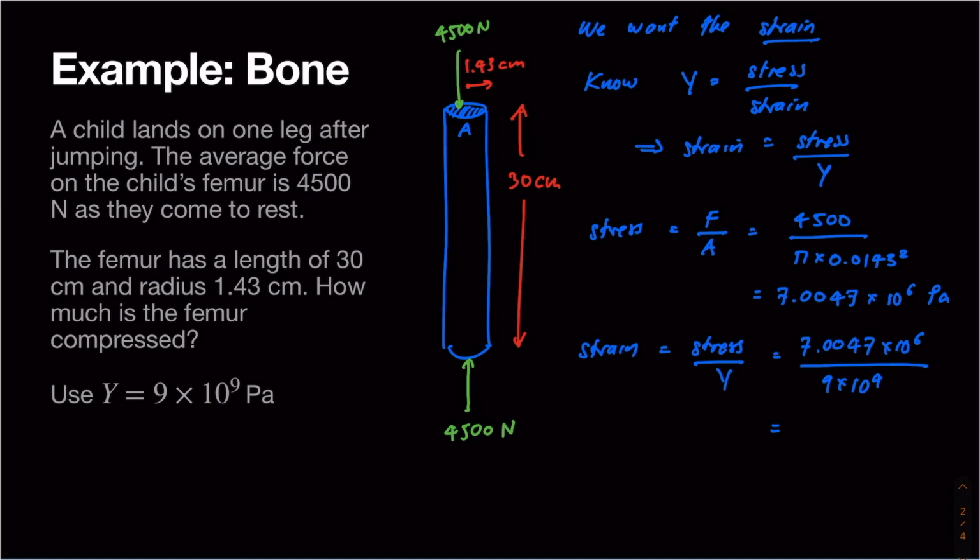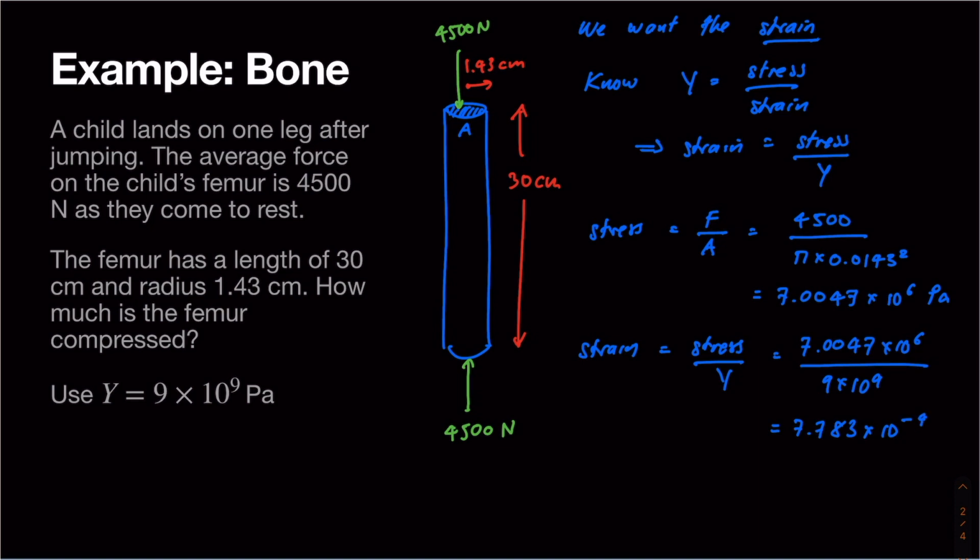Which is going to give me an overall result of about 7.783 times 10 to the negative 4, and there are no units on strain.